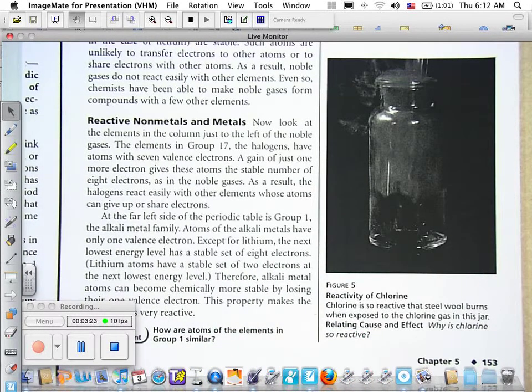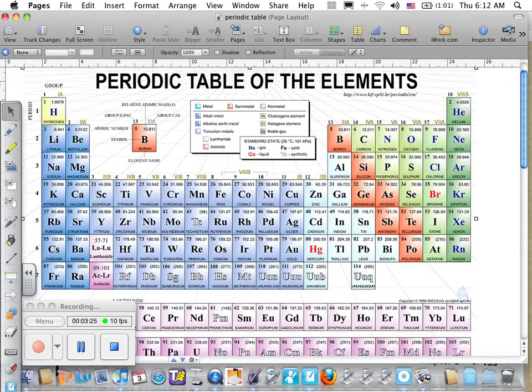Wait a minute, Mr. Worley, slow down. Check this out. What it just said is, except for lithium. Let me read that again. Here, look at the periodic table. Except for lithium, the next lowest energy level has a stable set of 8 electrons. What is it saying? Okay, let's say here's potassium.